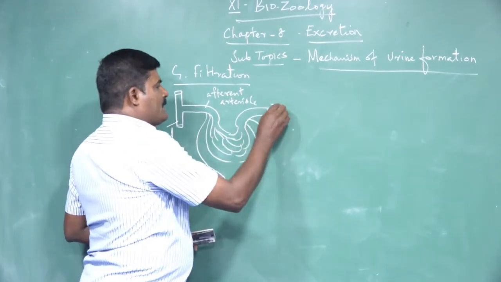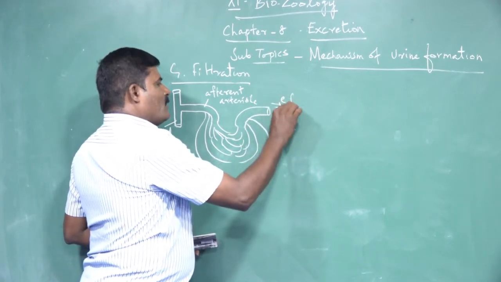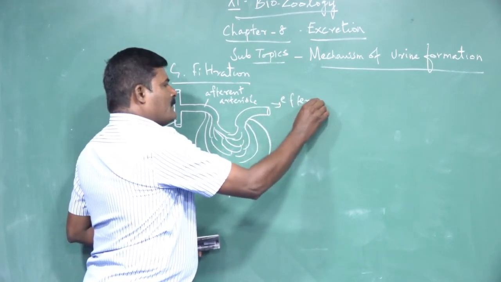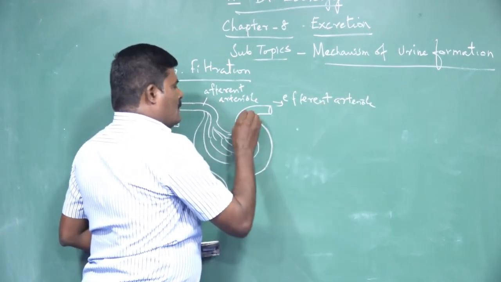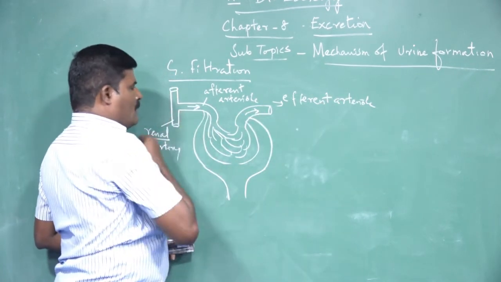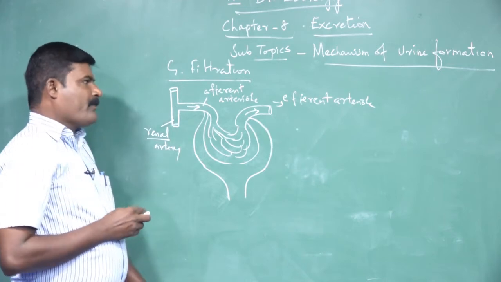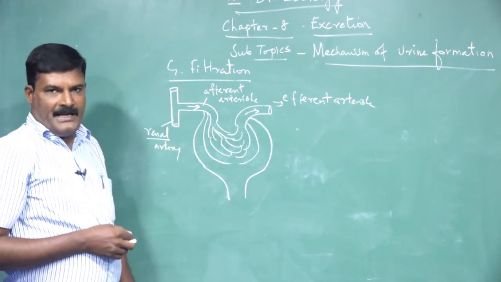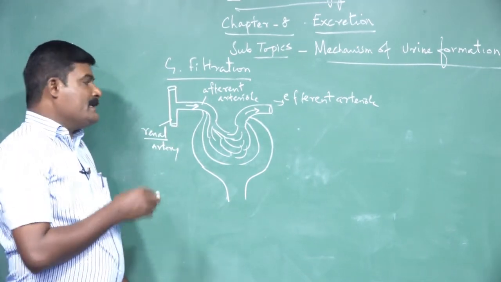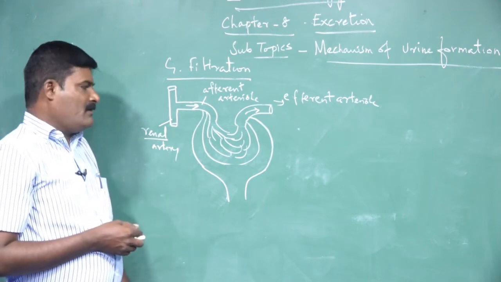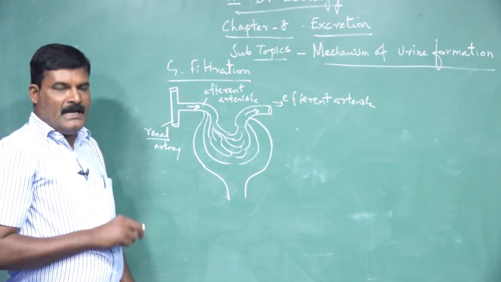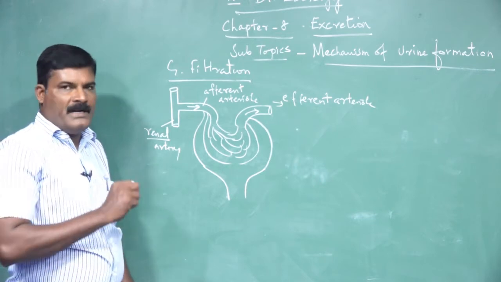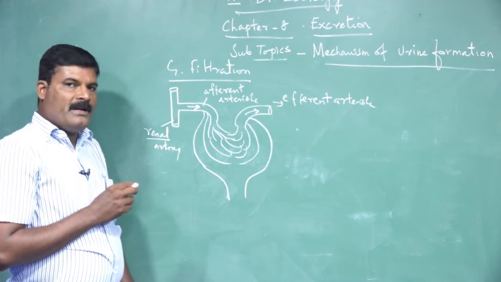One more arteriole is the efferent arteriole. Why is it called glomerular filtration? This is the first step of urine formation, which takes place in the glomerulus. Hence it is called glomerular filtration.